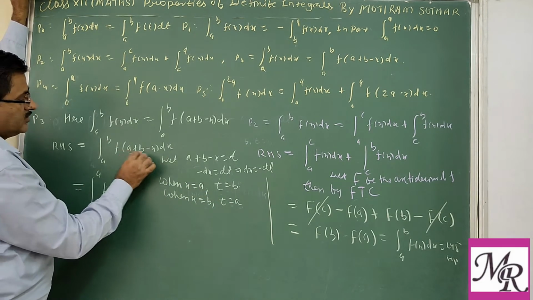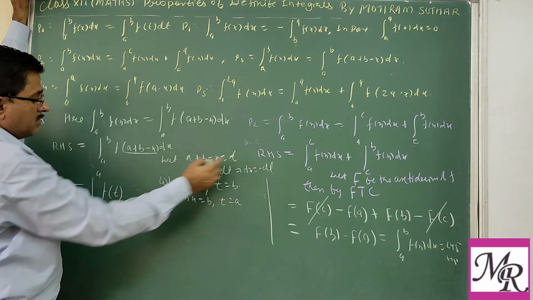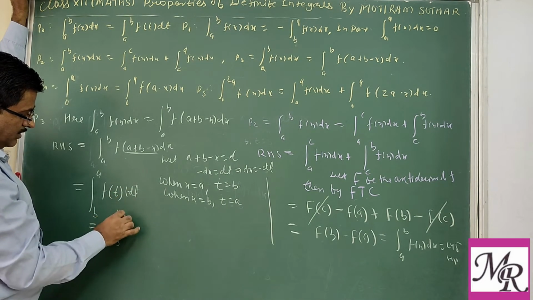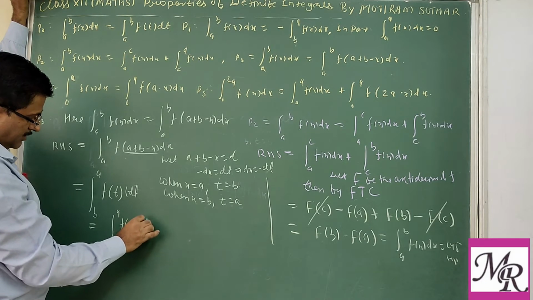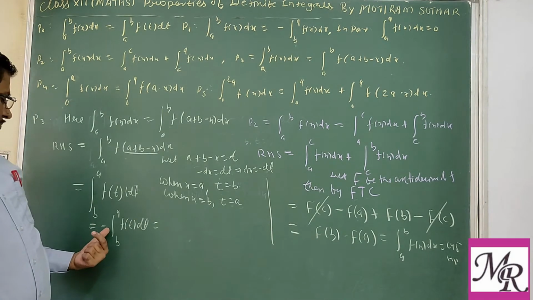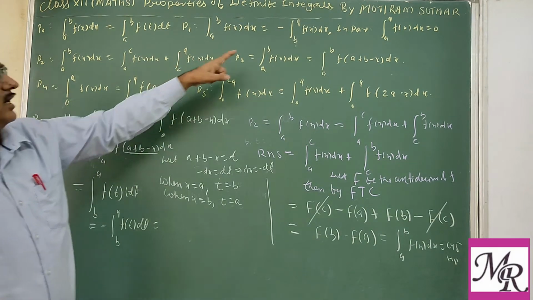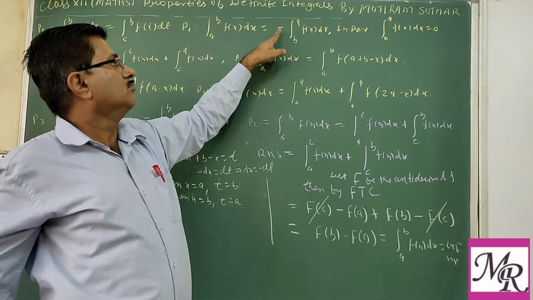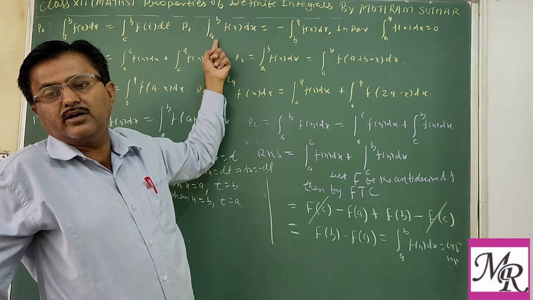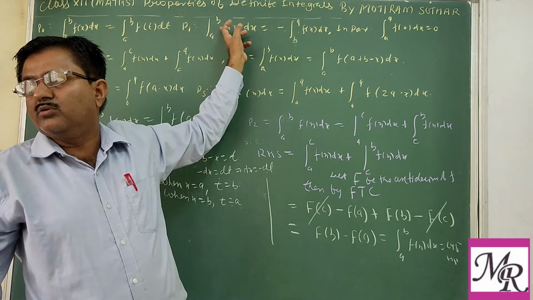f of, now this whole we are substituting as t, and dx can be replaced by minus dt. So what we get? Integral B to A f(t) dt and minus. So now see what we get, minus of integral from B to A. So we have a property for minus: minus integral from B to A f(x) dx can be written as integral A to B f(x) dx, means you can interchange the limit, so the minus will be removed.